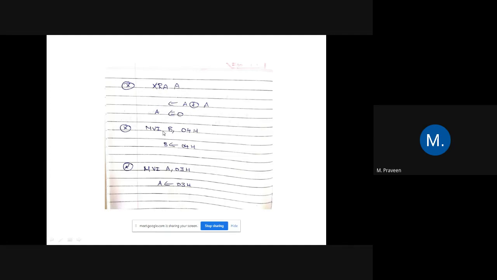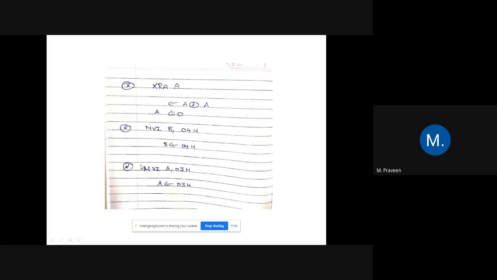Then the next instruction given is MVI B, 04. MVI means immediate moving of data. In MVI B, 04, 04 is the data, and that data is immediately moved to the B register. So after the second instruction, the value of B is 04.